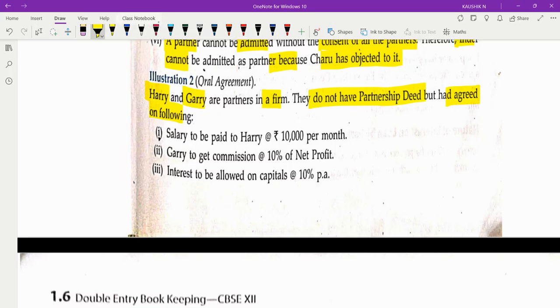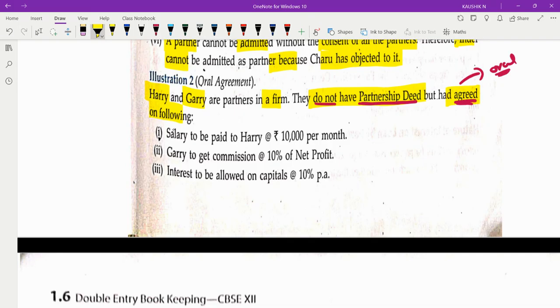A deed is nothing but any written document. So it is clearly mentioned that they do not have a partnership deed. However, they have agreed on the following. When they say agreed, it means they have an oral agreement. The deed was in oral form. That is very clear.